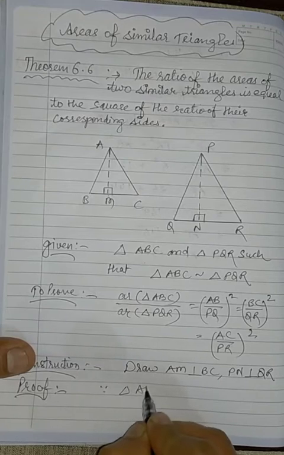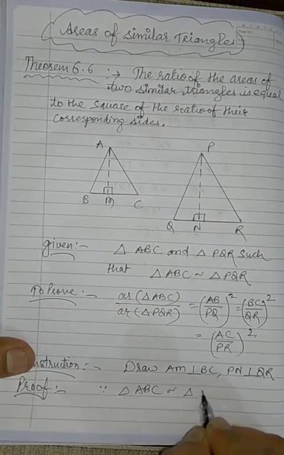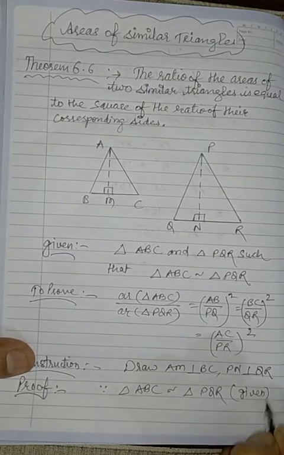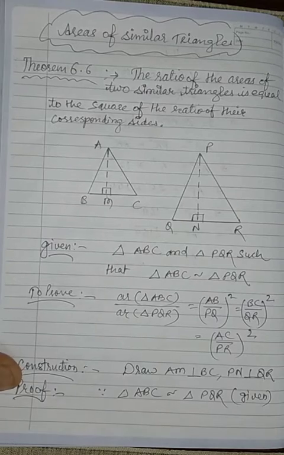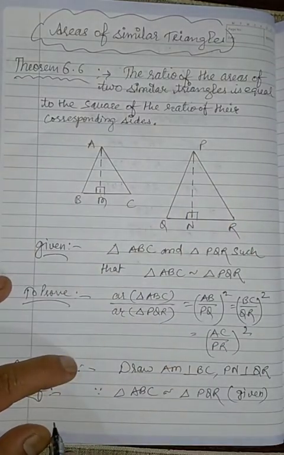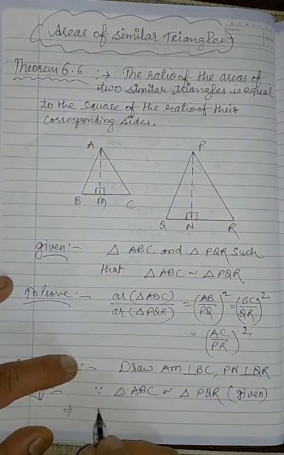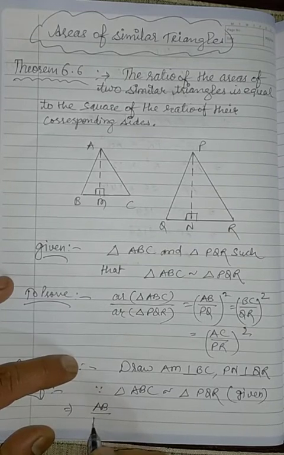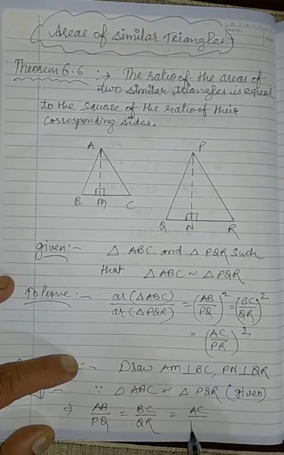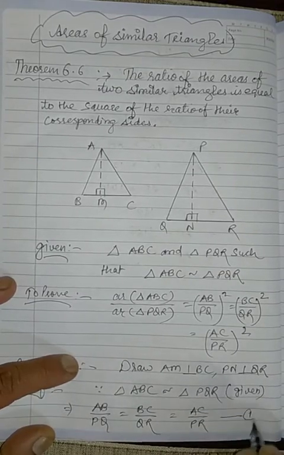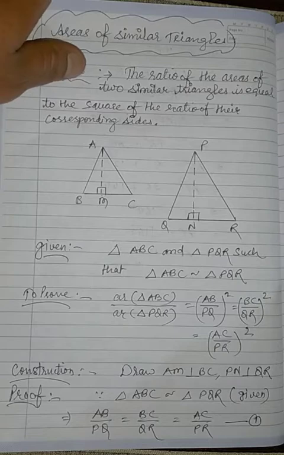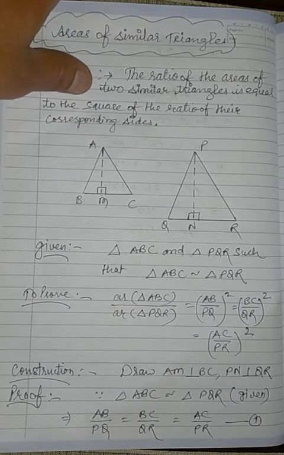Since triangle ABC is similar to triangle PQR, we are already given in the statement of the theorem. This means that from the two similar triangles we can get, first of all, the ratio of sides AB upon PQ is equal to BC upon QR is equal to AC upon PR. First thing, as we know that if two triangles are similar, then the corresponding sides are proportional.